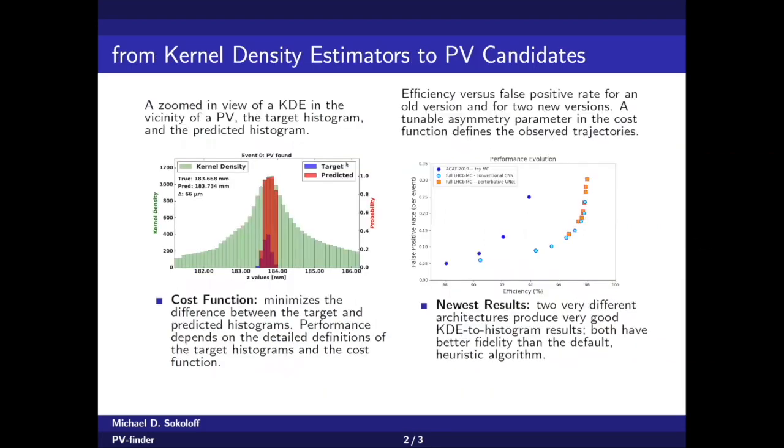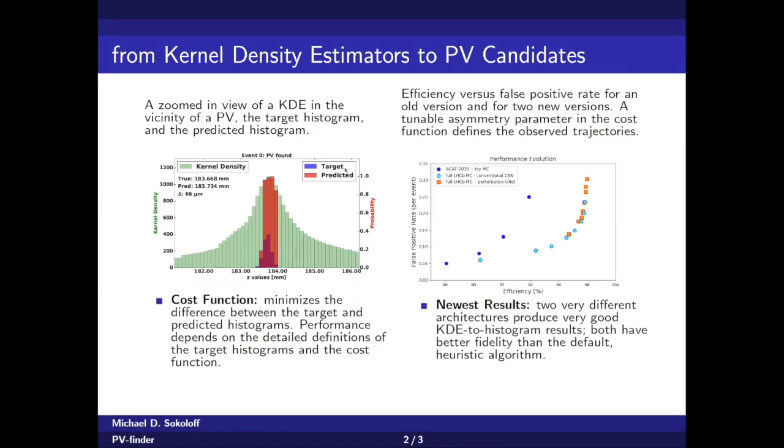Now, in order to locate the primary vertices with a machine learning algorithm, we generate what we call kernel density estimators, and a small section is shown here in green. These are the input feature sets for the machine learning algorithms.